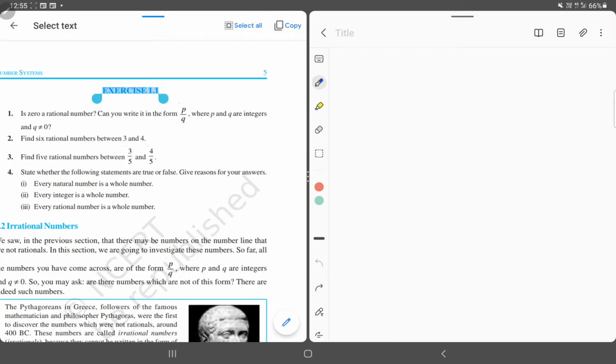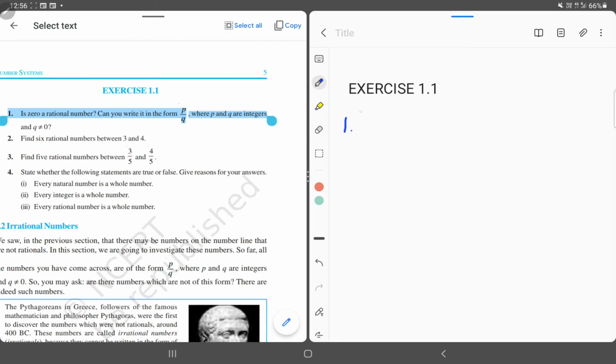Exercise 1.1, question 1. I am reading the question, listen. Is 0 a rational number? Can you write it in the form of P upon Q, where P and Q are integers and Q is not equal to 0?